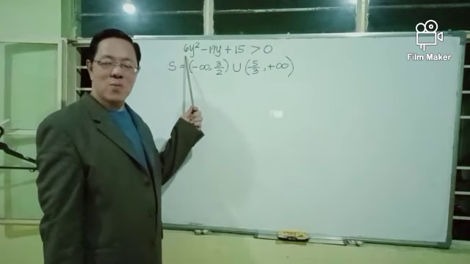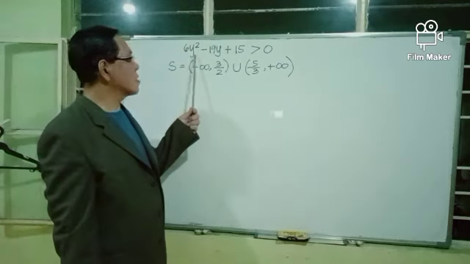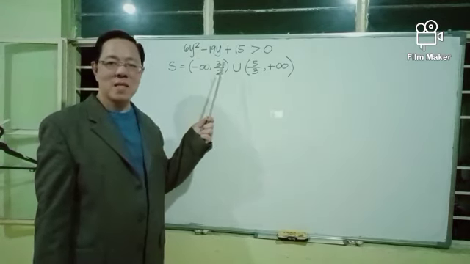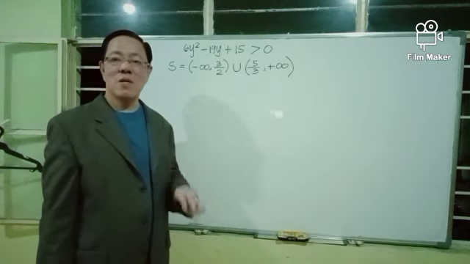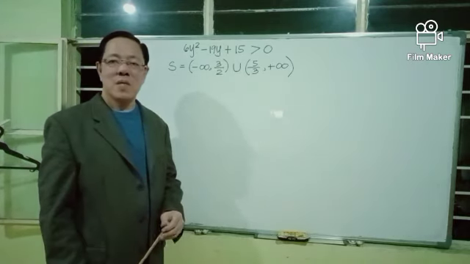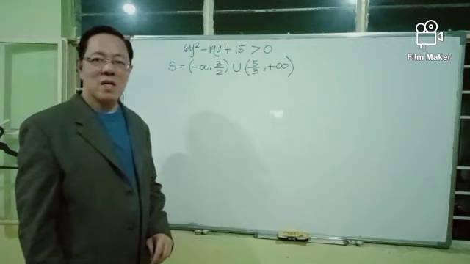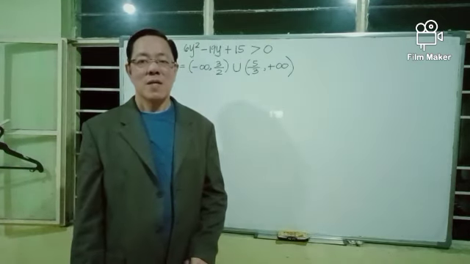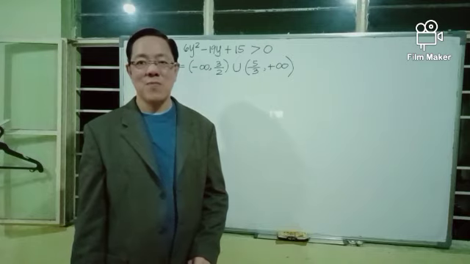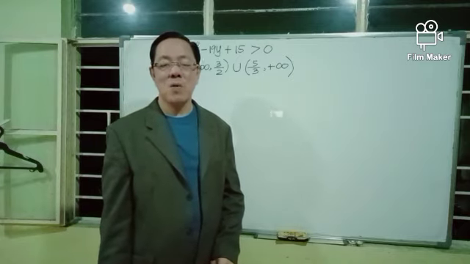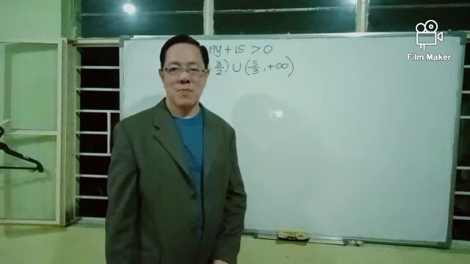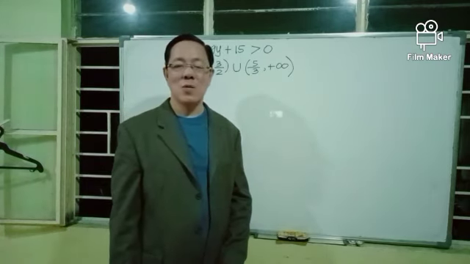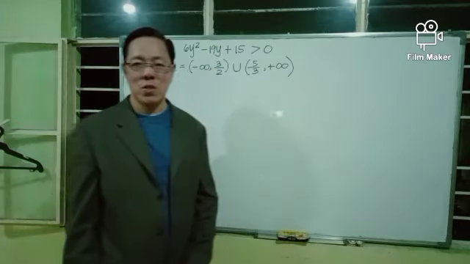And what we did was we factored this quadratic expression 6y squared minus 19y plus 15. And we considered two cases because there are two ways by which the product of two real numbers or two factors can be positive. That is, case 1 if both factors are negative, or case 2 if both factors are positive. And the union of the solutions of cases 1 and 2 is the final solution.